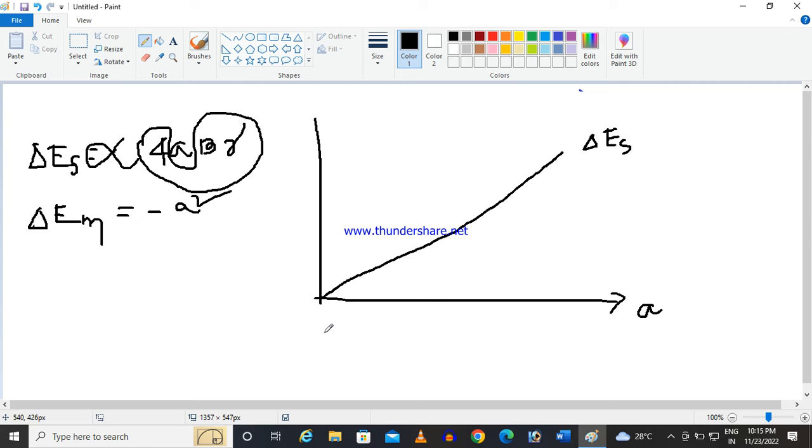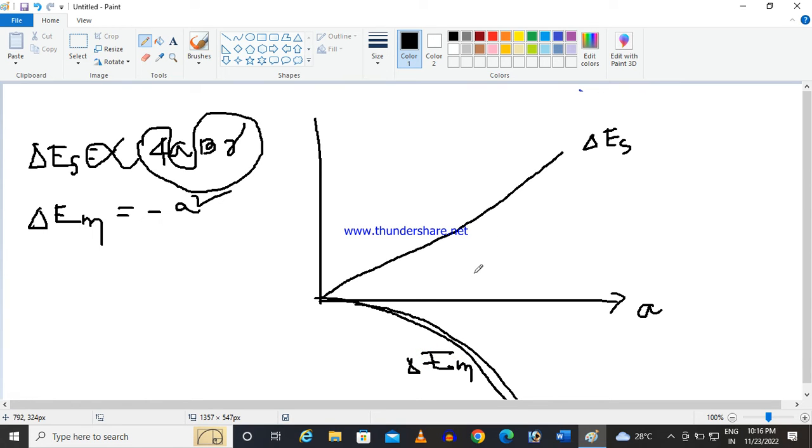So you will get a curve. You see, y square is equal to 4ax, that is a parabolic equation. So you will get things like this. It's a parabolic equation. So this is your delta EM.